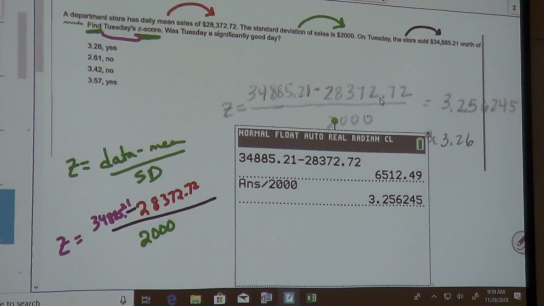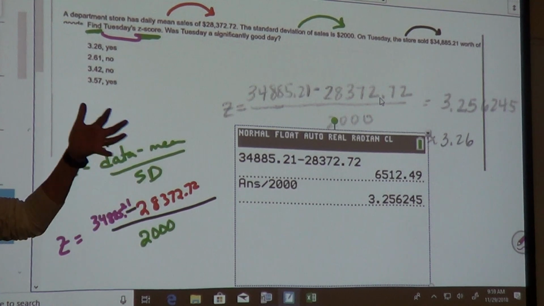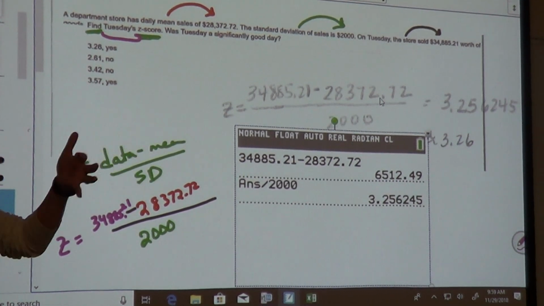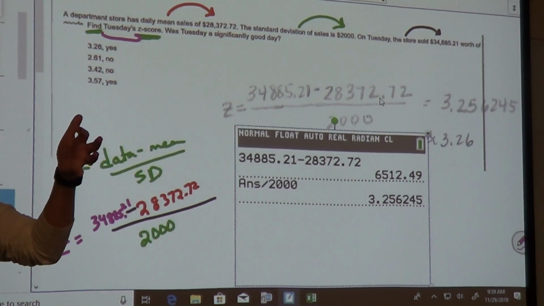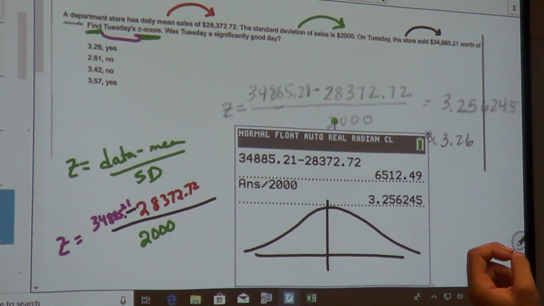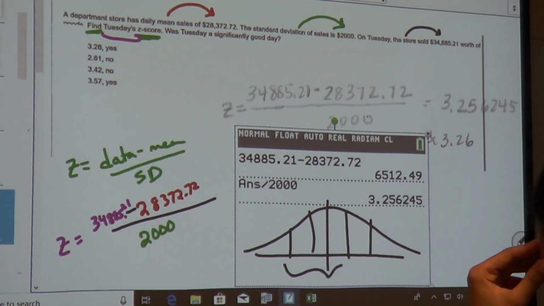It says, was it a significantly good day? In order to be significant or not significant, within how many standard deviations does it need to be? 2. So in order to be not significant, it has to be within 2 jumps, 2 jumps on either side.